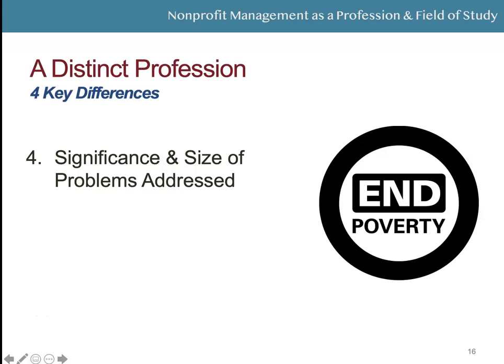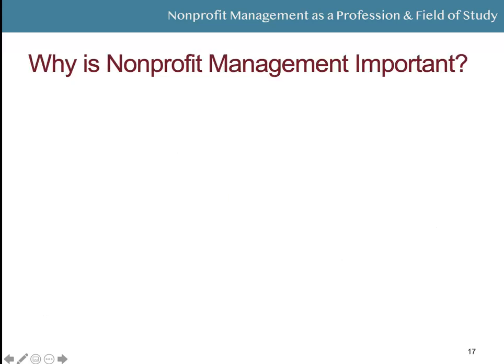We might be inconvenienced if JetBlue stopped operating. So that size and significance of the types of problems that they address is really, I think, the key distinct difference that really supersedes the previous three.